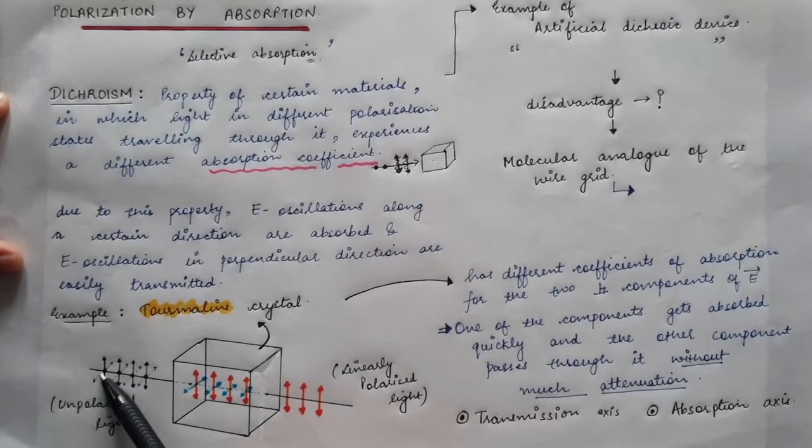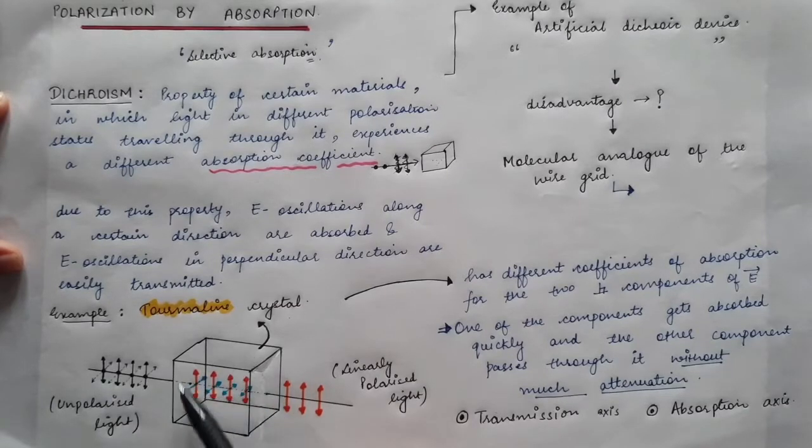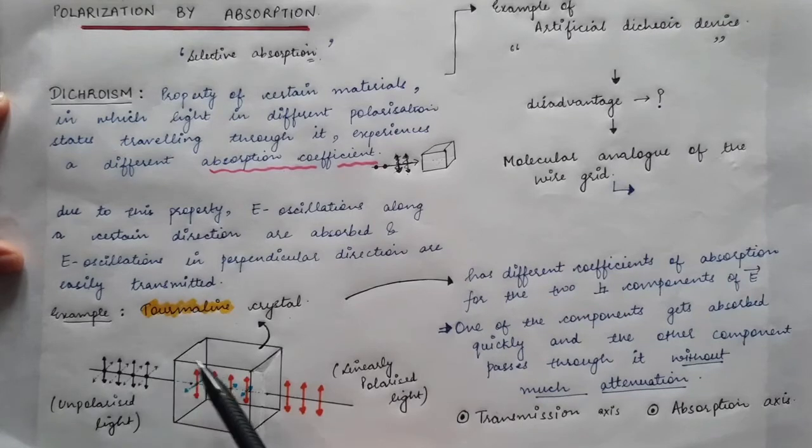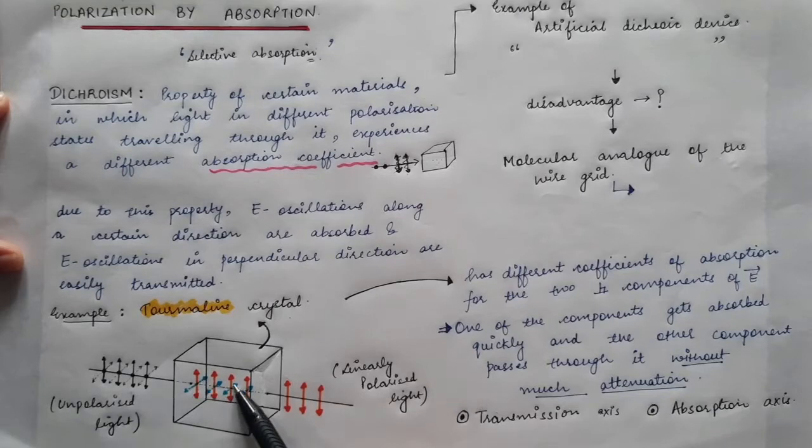Earlier this was the component of the electric field which was perpendicular to the plane of the paper, but I have assumed that in this tourmaline crystal, along this direction, the crystal shows a very high absorption coefficient, due to which this component gets absorbed inside the crystal along its length.